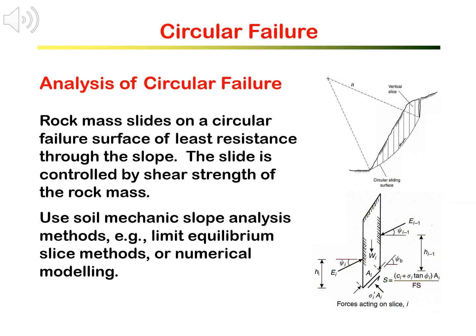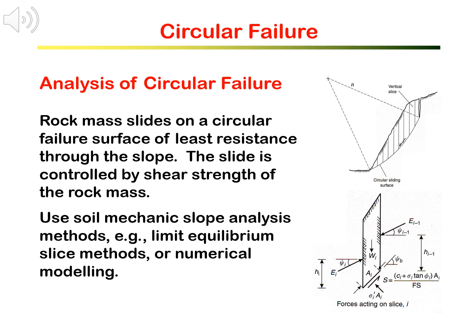You perhaps have already learned in soil mechanics that circular failure is a commonly assumed slope failure in soils. When a soil slope fails, soil slides on a circular failure surface of least resistance.